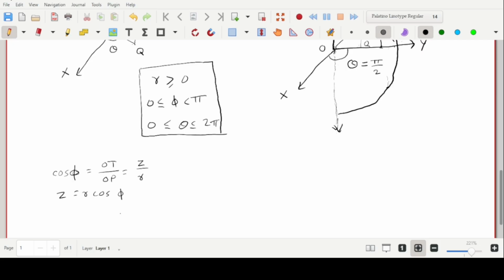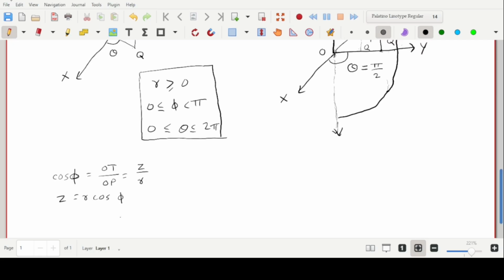Observe that we have succeeded in expressing Z in terms of R and phi. Similarly, we have to do for X and Y.